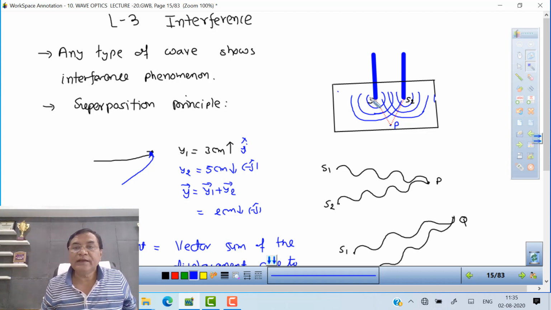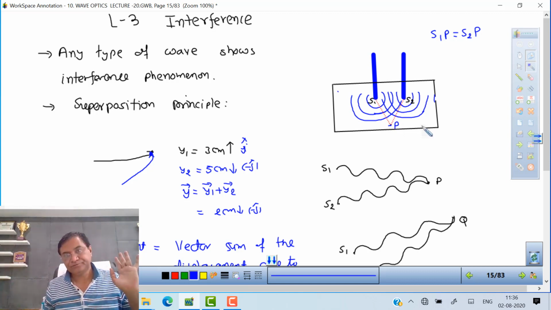Because of that, you will get waves, as I have shown, three waves. And if you consider one point P here, both waves will reach at the same time because S1P is equal to S2P. So both waves will reach at the same time at point P.